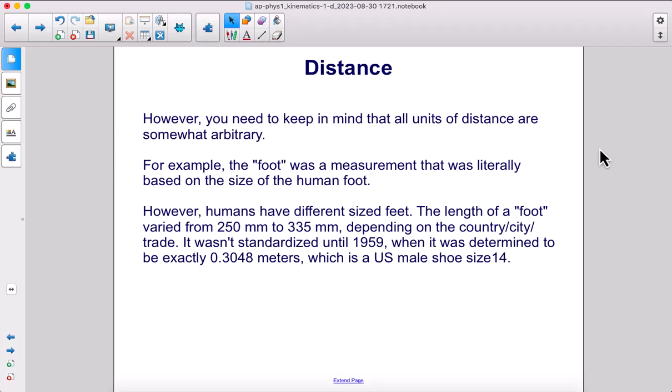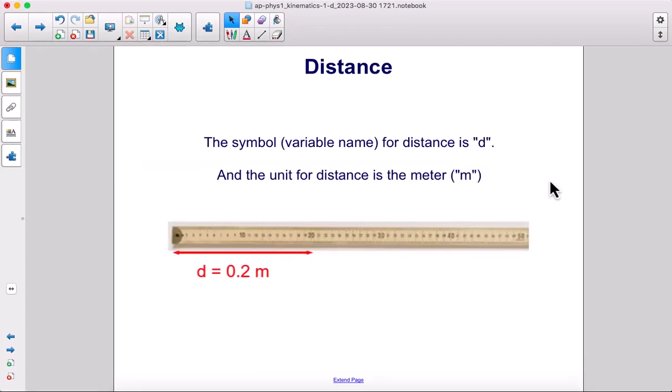It wasn't standardized until 1959, when it was determined to be exactly 0.3048 meters, which is a US male shoe size 14. The symbol or variable name for distance is little d, and the unit for distance is the meter, little m.